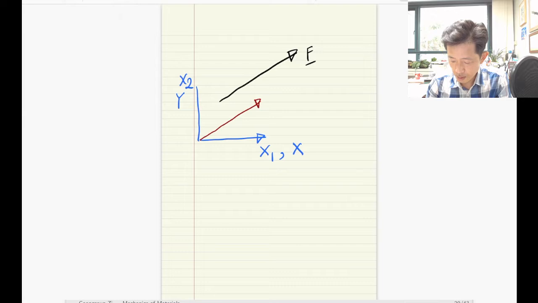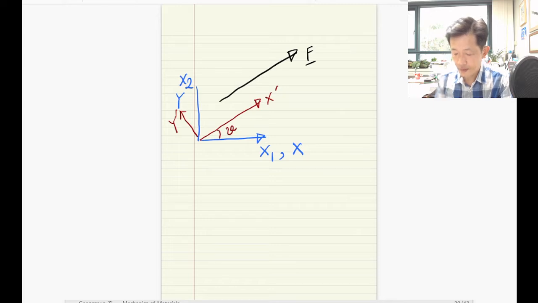Here, I want to call this x prime, and then this is y prime. And then the difference in these two different coordinate systems can be measured by angle theta here, isn't it?